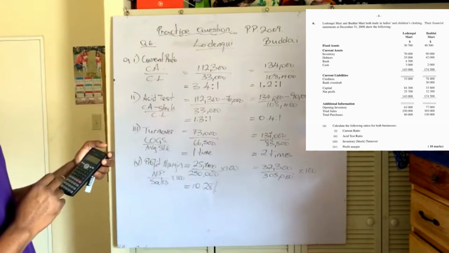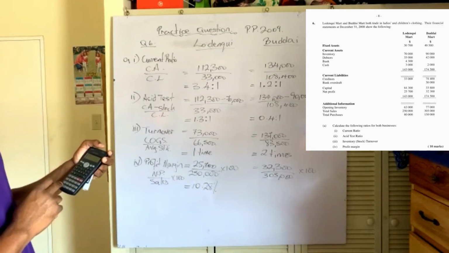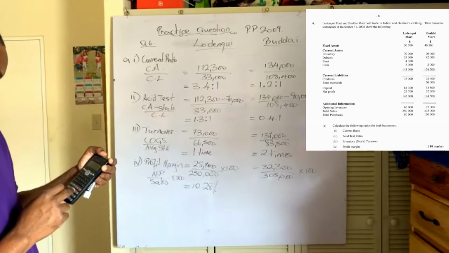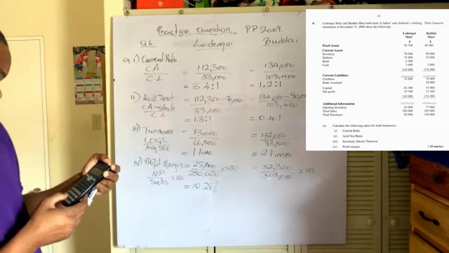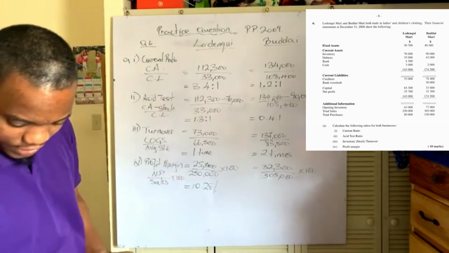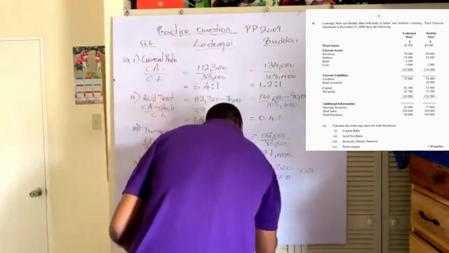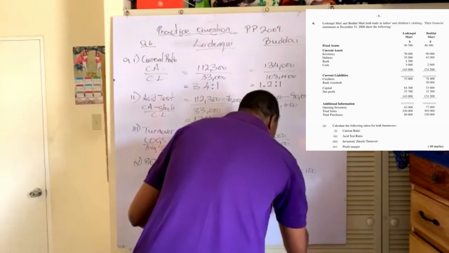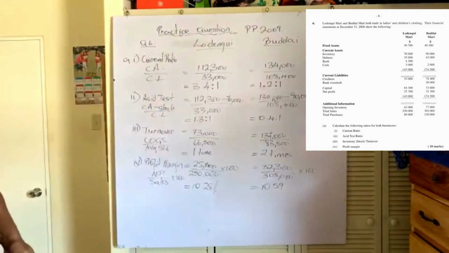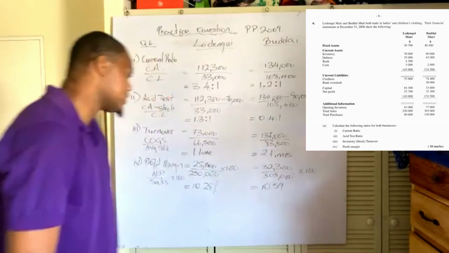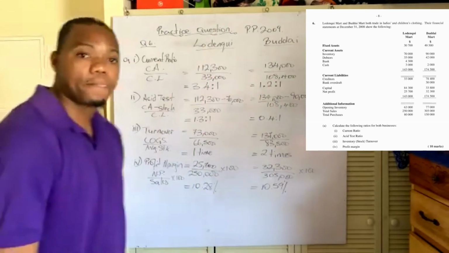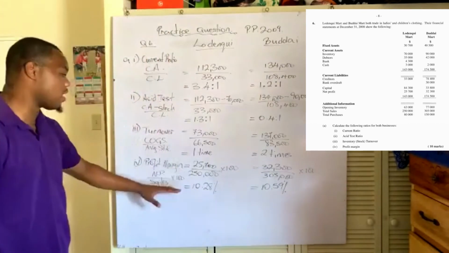And then for Budai now, it's 32,300 divided by 305,000. It's 10.59. Or you could say 10.6 if you want, or you could say 11. So this is a profit margin ratio.